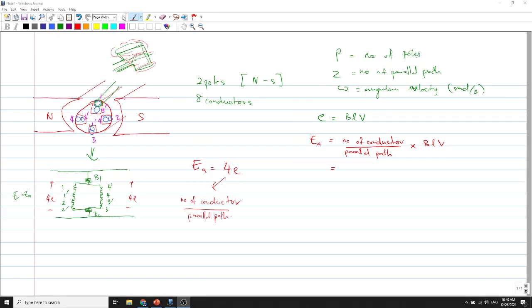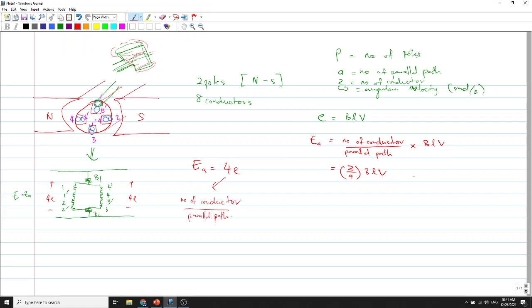Actually, this is not Z, this is A. The parallel path is A, and Z is actually the number of conductors. So right here is Z over A. I think it is better we use a straight line, so Z divided by A with BLV.